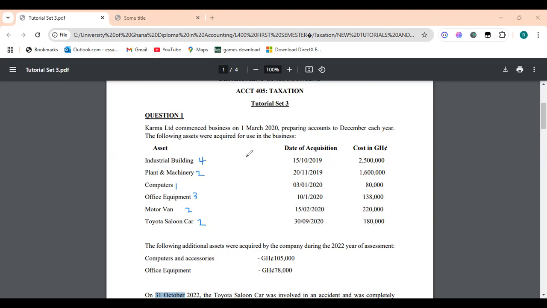Now you calculate your basis period. The basis period for this particular case will be from 1st March to 31st December. Right?